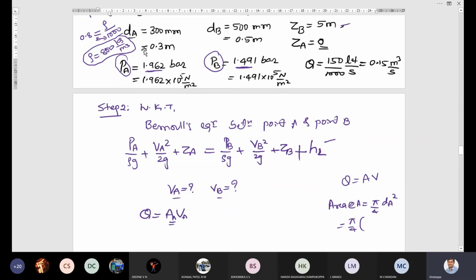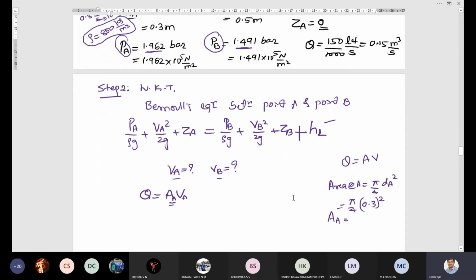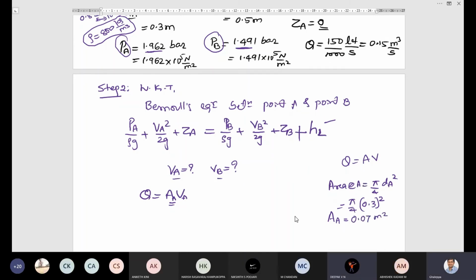So substitute 0.3 whole square and calculate area at point A. How much will be the value? Please make it fast and tell me the value of pi by 4, 0.3 square. 0.07 meter square is the area at point A.